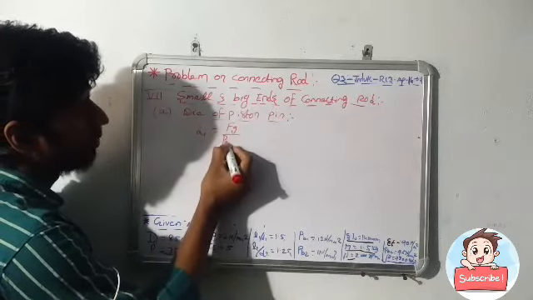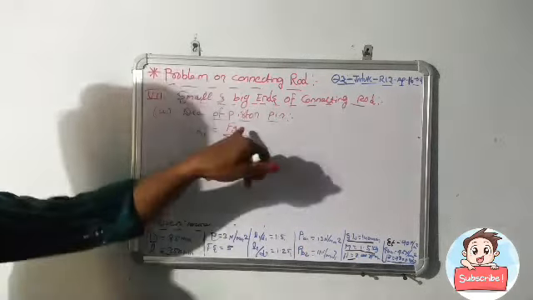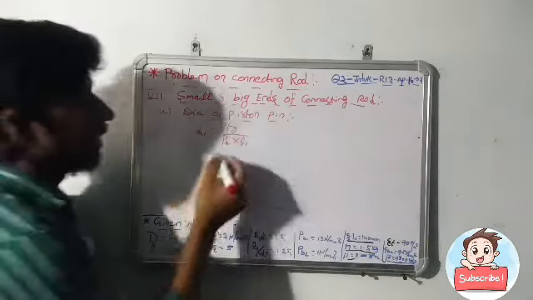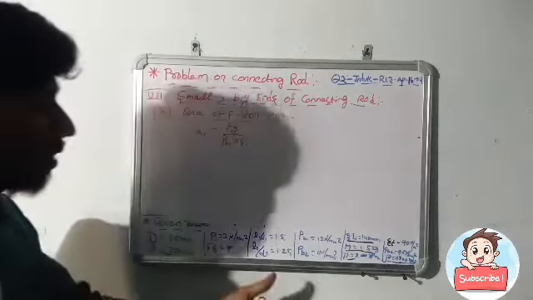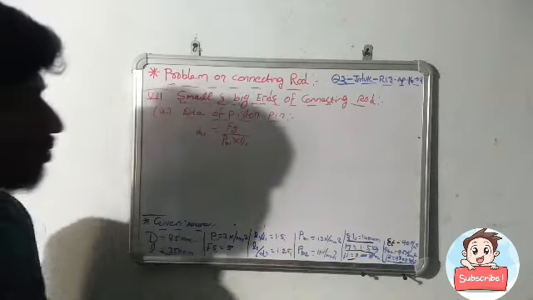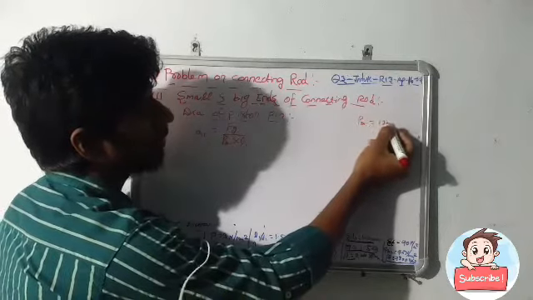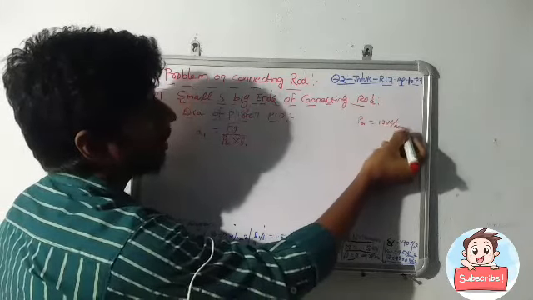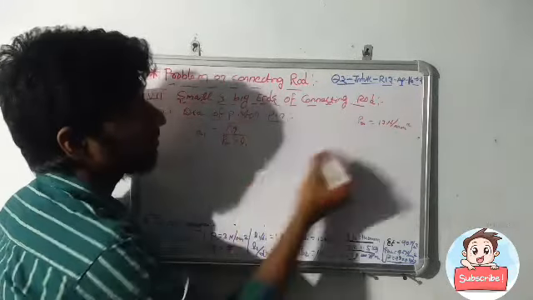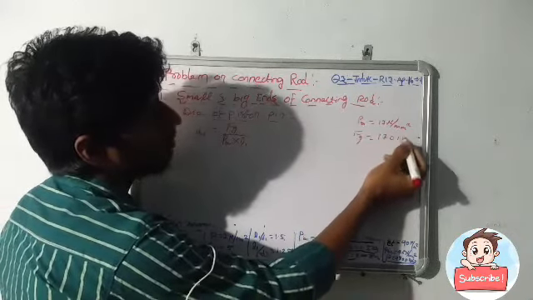Fg by Pb1 into L1. Here we already know the Fg value, and Pb1 is the bearing pressure that is provided in the given data. So Pb1 equal to 30 Newton per mm square, and we already know the Fg value. What is the Fg here? 17015 newtons.